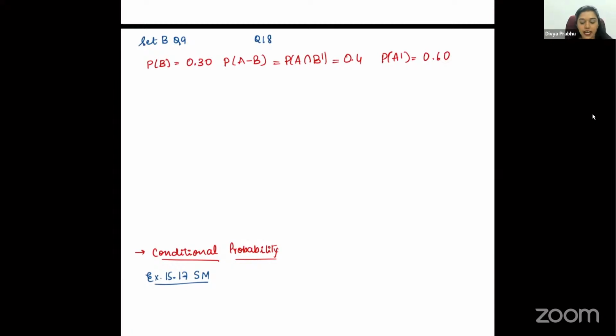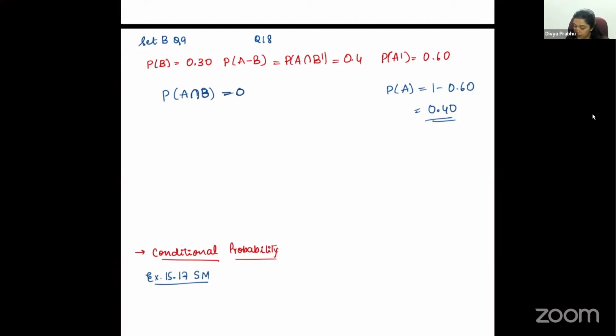If P of A dash is 0.60, what will be P of A? 1 minus 0.60, which is 0.40. Correct? If the events are mutually exclusive, they should have nothing in common. Like I told you, exclusive means if one is occurring, the other will not occur. So if they cannot occur simultaneously, there is nothing common between them, which means probability of A intersection B will always be equal to 0.